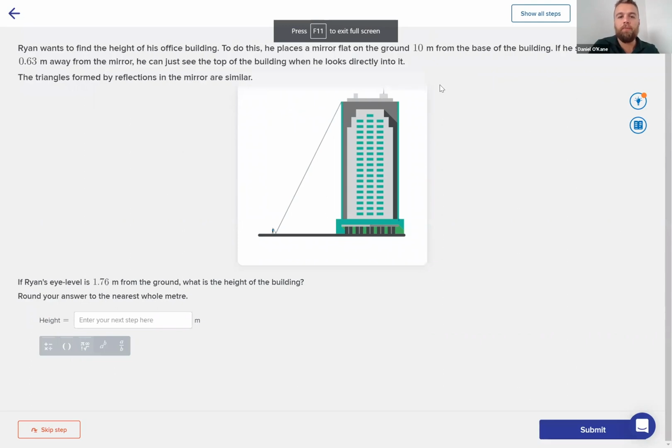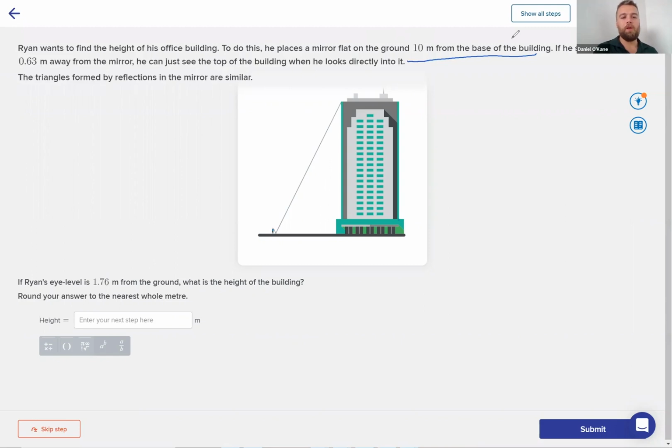Alrighty, so here's a really interesting question. Ryan wants to find the height of his office building, okay? And so you can do that with a mirror. So you place a mirror flat on the ground, and he's done so 10 meters from the base of the building.